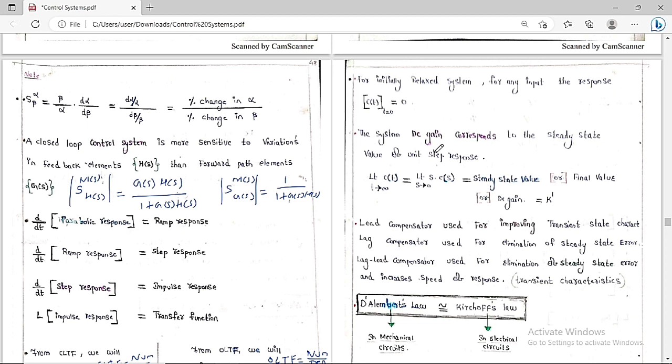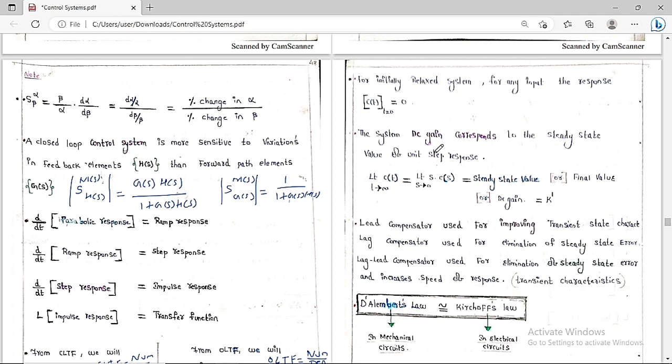So for any relaxed system, always the response c of t at t equal to 0 is equal to 0. So this point you always have to keep in your mind.